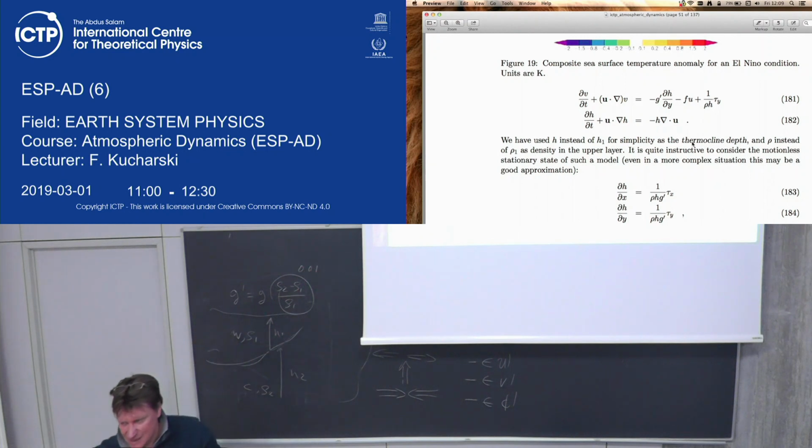We just take it as a number. But then these equations exactly look like the shallow water equations. And we do something else. We add a forcing term at the surface of these equations. So the forcing term is expressed by this tau y in this case, and tau x in the U momentum equation.